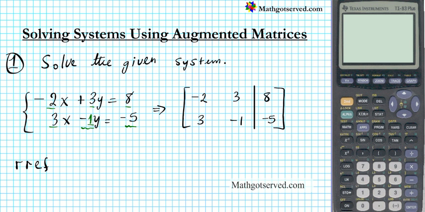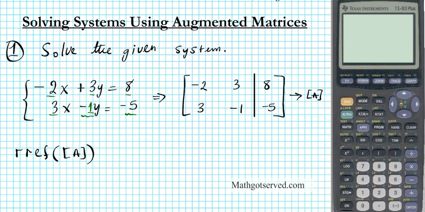I'm going to name this matrix A in my calculator, and I'm going to carry out the RREF of matrix A. RREF is just a condensed form of saying reduced row echelon form. You don't need to know what the echelon form means, but that's what the REF means. Okay, so I'm going to do RREF on this, and I'll show you what the answer looks like.